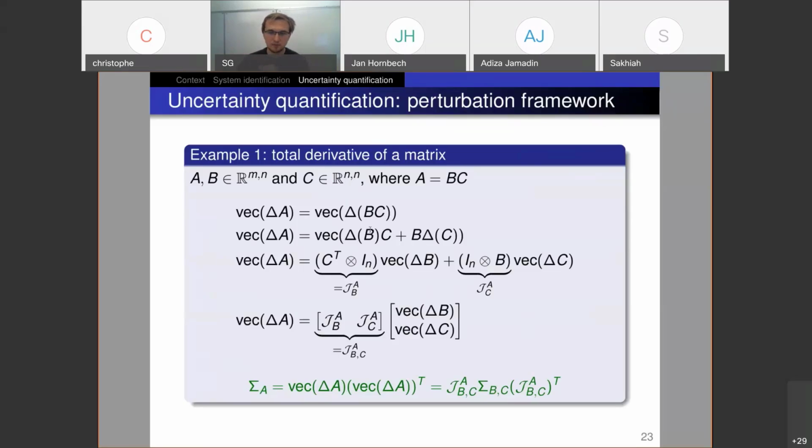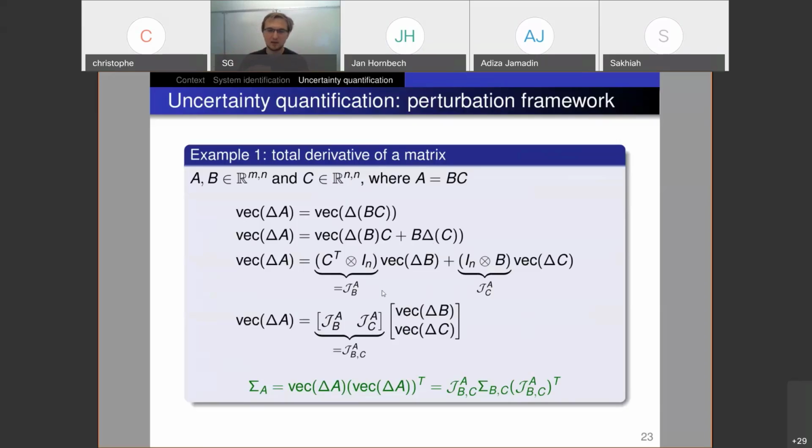With the chain rule, we have vec delta A equal to vec delta B times C plus B times delta C. Then with the properties of the Kronecker product, we want to factorize delta B on the right and delta C on the right. This is done very easily with the properties of Kronecker products like here.